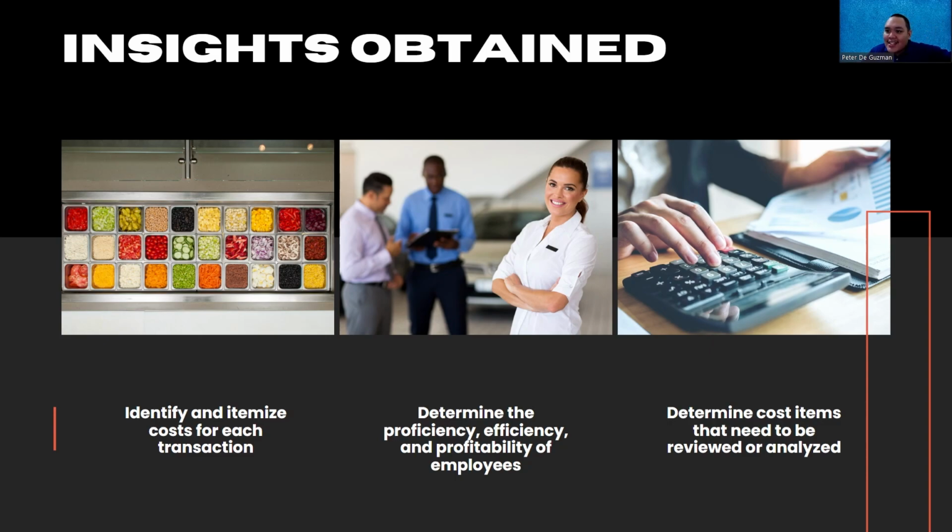So the picture I decided to use for insight number one is a picture of trays of condiments, toppings for, I believe, Subway. Different toppings. We see mushrooms, onions, cucumbers, corn, eggs, and so on and so forth. This could even be toppings for salads.